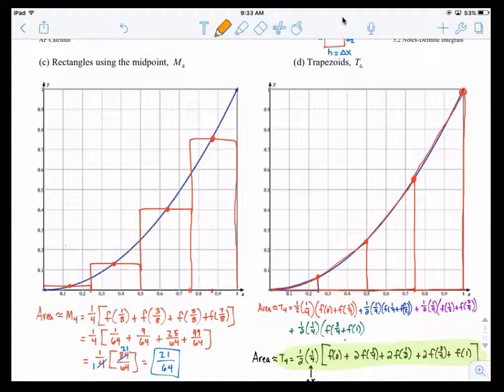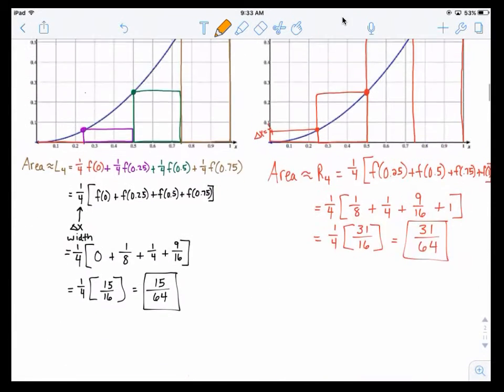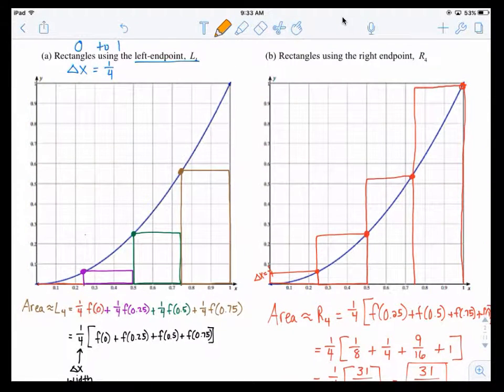So if this curve is concave up or down? Concave up, right? So anytime you have a curve that is concave up, your left approximation is going to be less than what it is, and then your right approximation is going to be bigger than what it is. Now, if it's concave down, it's the opposite. Left would give you more, right would give you less. So again, it all depends on how the curve looks.